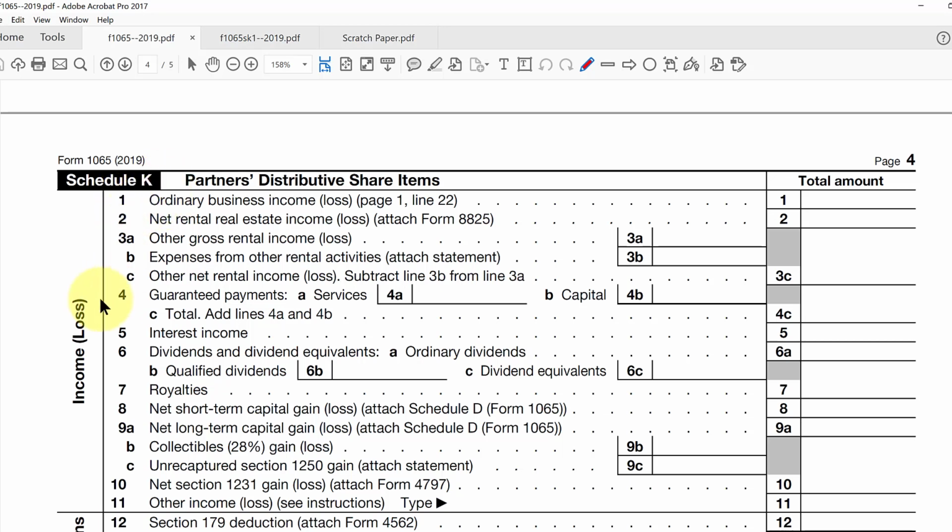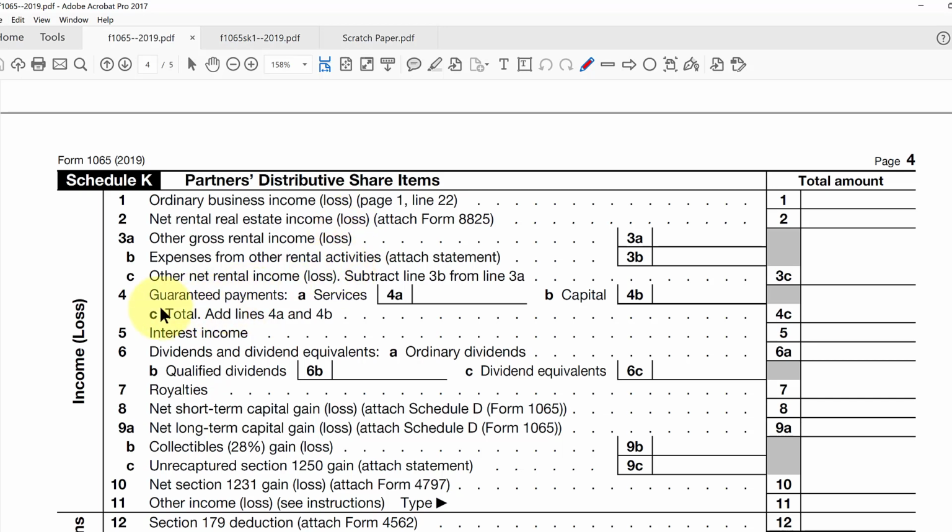But other types of income may be taxed differently than this ordinary business income, based upon the circumstances of that partner's individual return. So stuff like rental income or losses, we've seen in previous chapters, may be subject to passive loss limitations, so that may be separately stated.